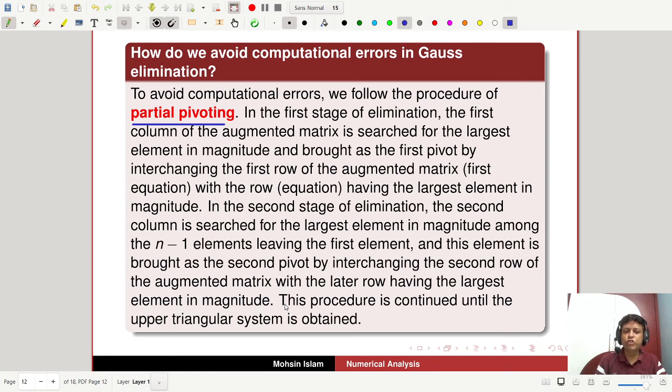This procedure is continued until the upper triangular system is obtained. Suppose you have 3 columns. In the first column, you have to search for the largest magnitude of x1. That will be brought forward to the first position, because this is the first pivotal element. This process will be continued in the second and the third. So this is called partial pivoting.